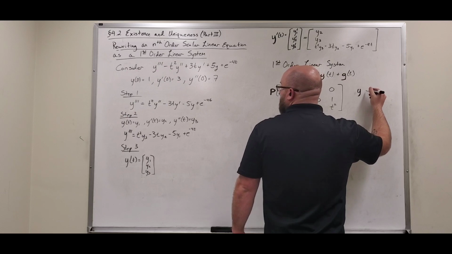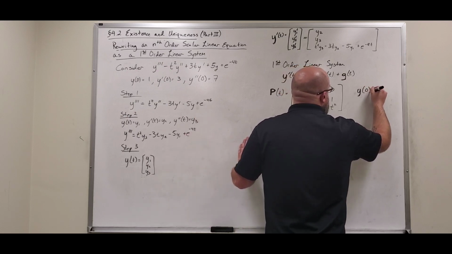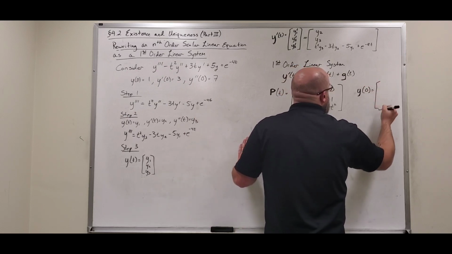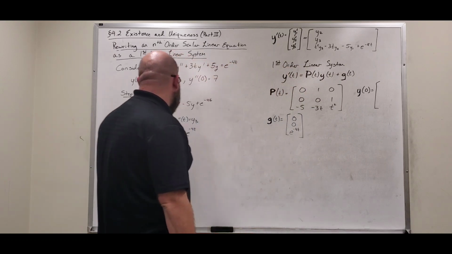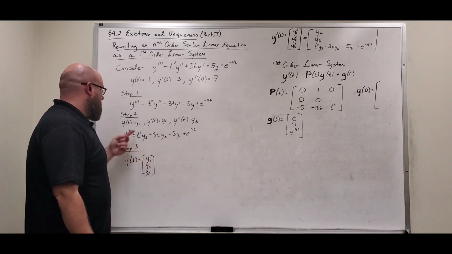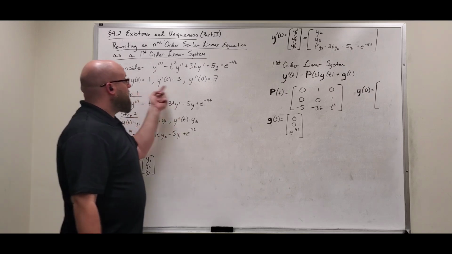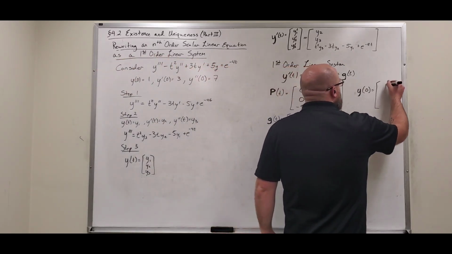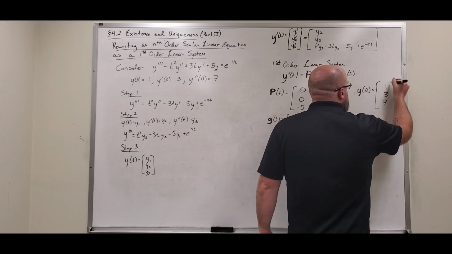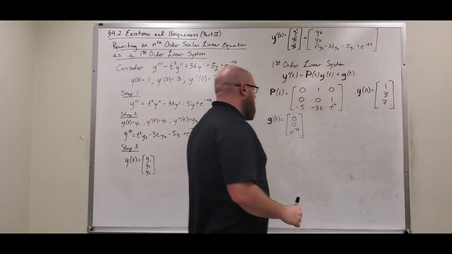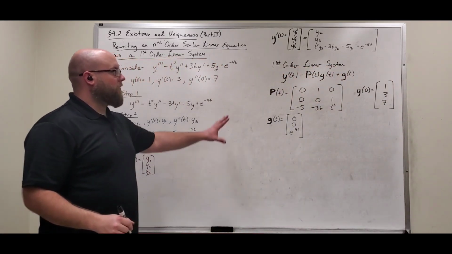And they were also at 0 as well. All right, so our initial values of y1, y2, and y3, that is y, y prime, and y double prime, so this is 1, 3, 7. All right. And that's our first order linear system.